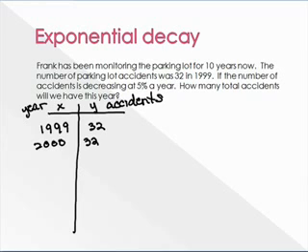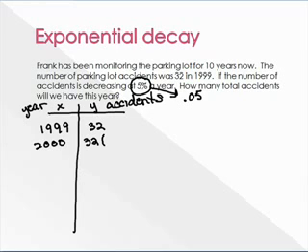Well, because we're decreasing, now we're going to go 1 minus the rate. And if our rate is 5%, and 5% as a decimal is 0.05. So if we're decreasing by 5% a year, that means we're keeping 95% of the accidents that we did the year before, right? So it's less than 100% because it's decreasing.